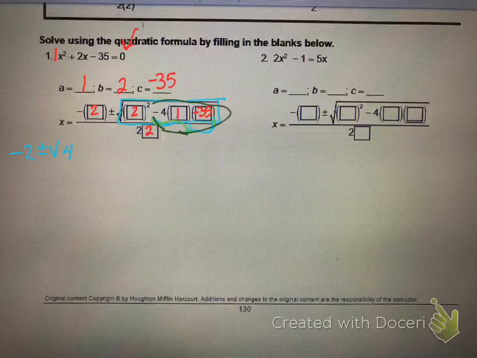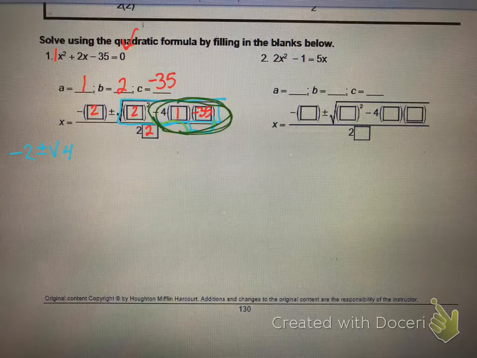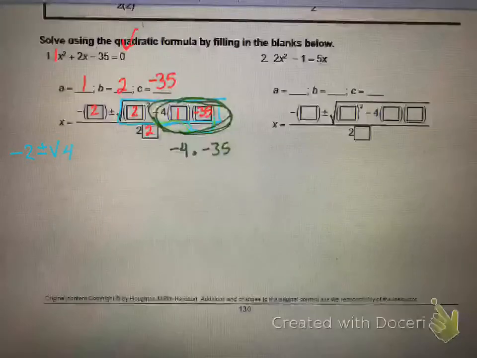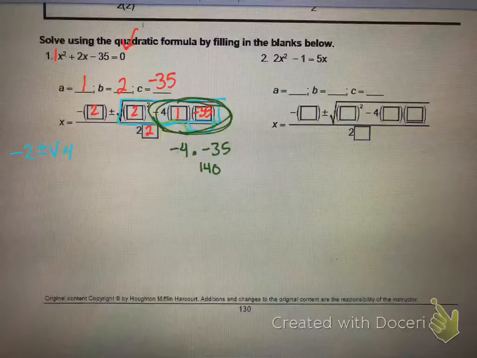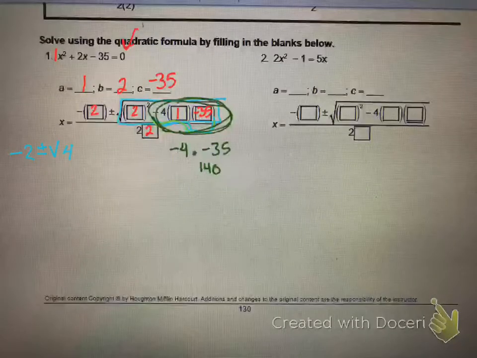Okay, so right here, I have negative 4 times 1 times a negative 35. So negative 4 times 1 is negative 4 times a negative 35, which is a positive 140. So I'm going to put a plus 140 under my square root sign.